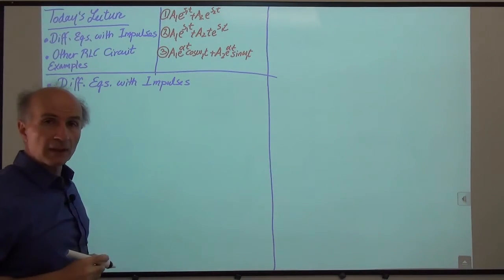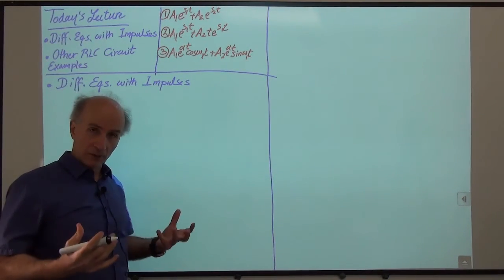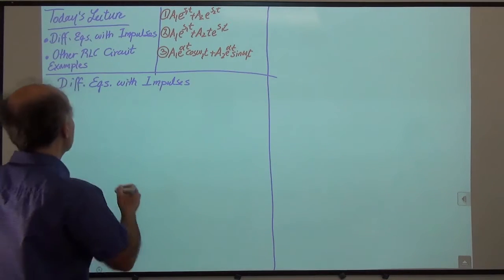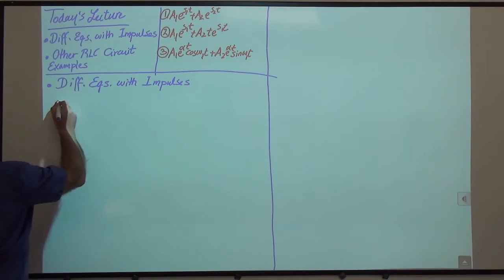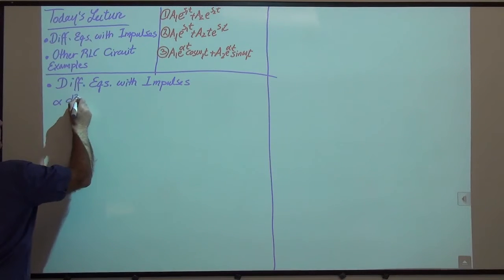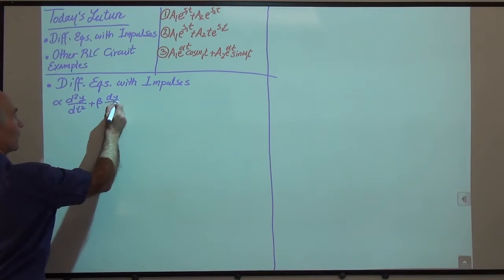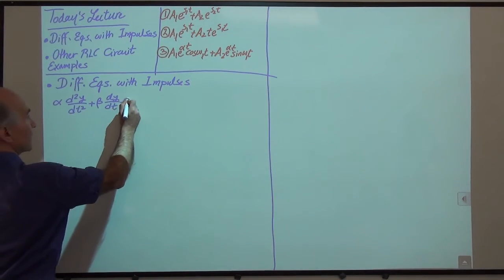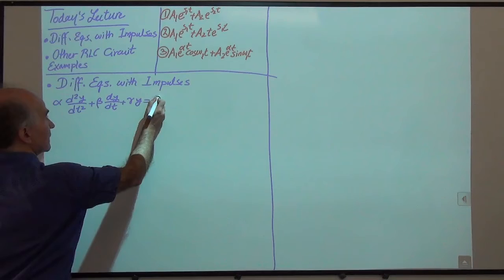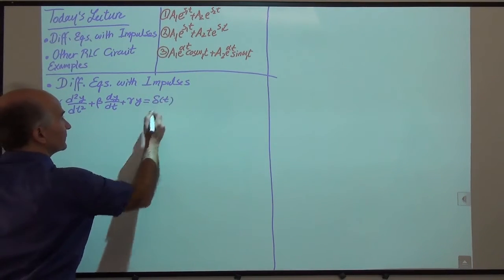Okay, so suppose I am given a differential equation of this form. For example, alpha d squared y over dt squared plus beta dy over dt plus gamma y is equal to delta of t.